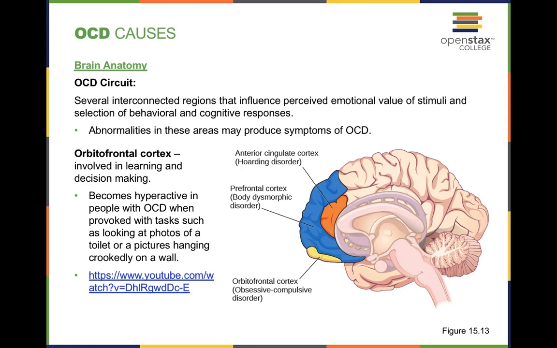Now, the anterior cingulate cortex, right behind the prefrontal cortex, is associated with hoarding disorder, and the orbitofrontal cortex, right underneath where the prefrontal cortex is, is associated with OCD. It seems like whenever there's difficulty with those particular areas of the brain, individuals may be at a higher likelihood of developing one of those OCD related disorders.